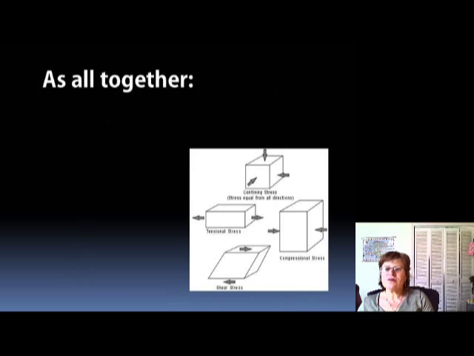So altogether, the three types of stress are compressional, with relative shortening; tensional, when you have things pulling apart; and shear, when they are just sliding next to each other. So those are the three together.